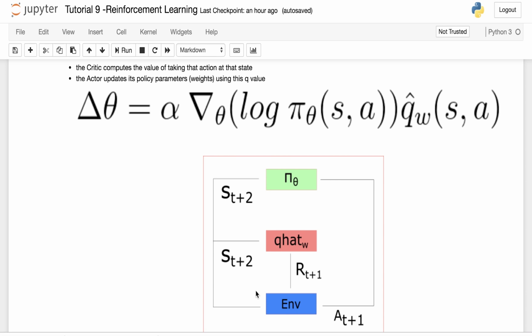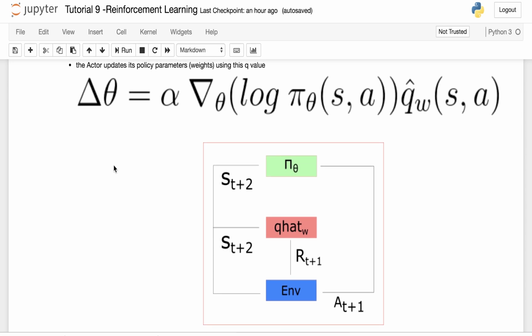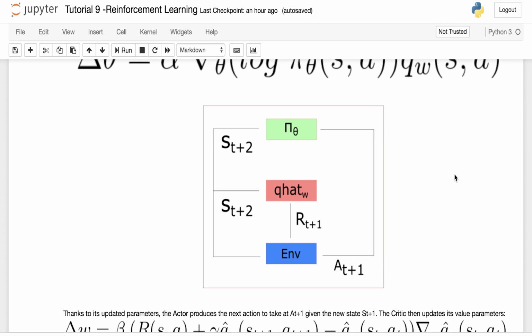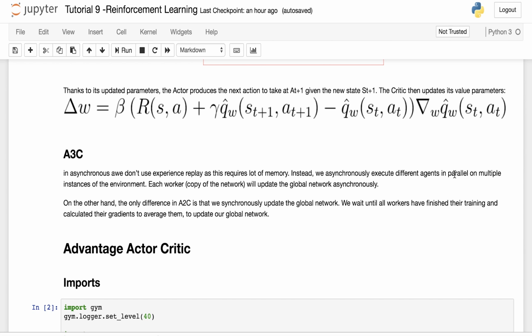Here we see the final theta update rule. We have our learning rate and we want to minimize it. Thanks to that, our actor produces the next action, action t plus one, given the new state, and the critic then updates the value parameters.